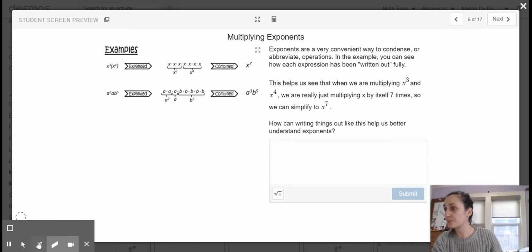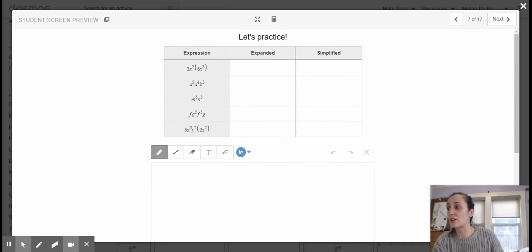On this one here, we're actually taking it up a level, right? So we notice that I know it's 3 times x squared, so 3 times x times x. One big important thing is that the exponent only goes to the thing it's directly under.